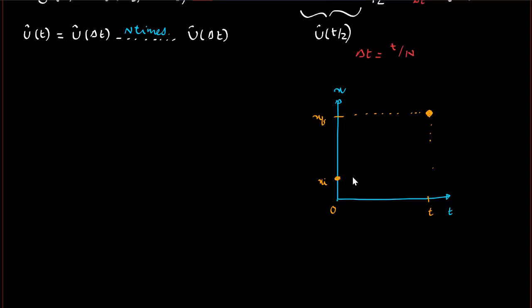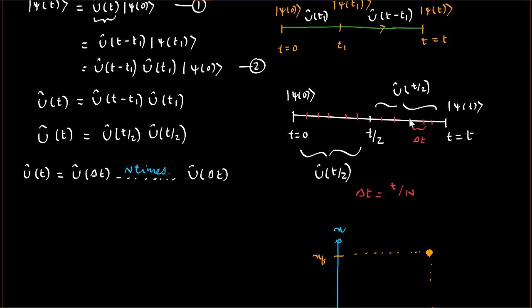Okay, so we found that there are an infinite number of possible paths, and all paths are possible according to quantum mechanics, right? And then what we did just before is that we split this time axis into n number of equal parts, and before that we split this time axis into two parts. So let's try to understand this thing first.